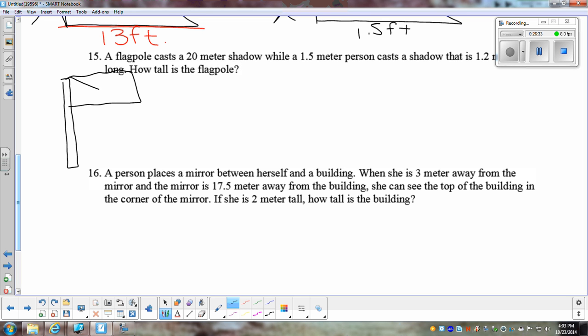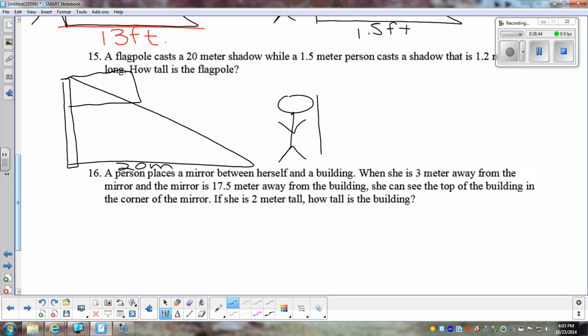The flagpole casts a 20-meter shadow, while a 1.5-meter person casts a shadow that's 1.2 meters long. I want to find the height of the flagpole. Set my proportion.